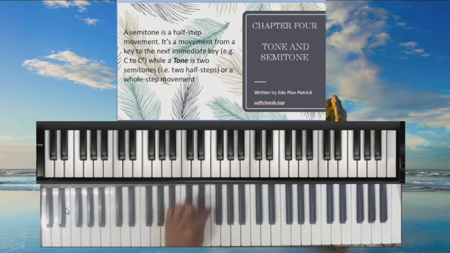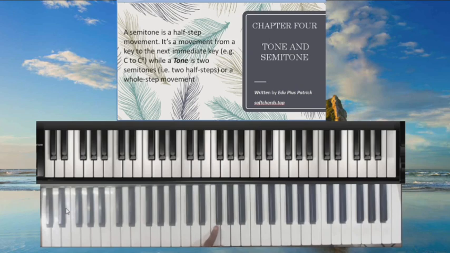There's no key in between them, so that's why it is a semitone. Assuming there's another key here, then we would have to play from this E to the next key, not this F. But since there's no key between them, we move from E to F, so that gives you a semitone. So a semitone movement is from a note to the next immediate key. Call it a half step.